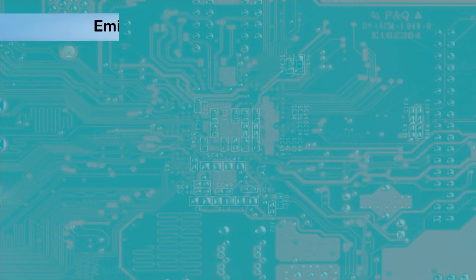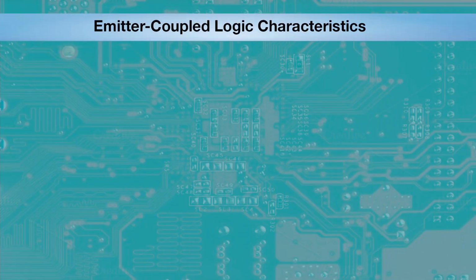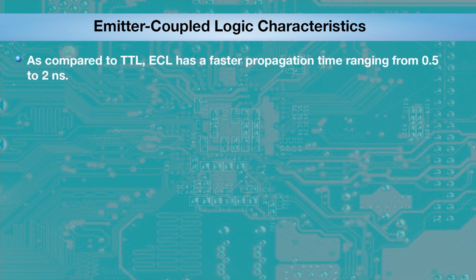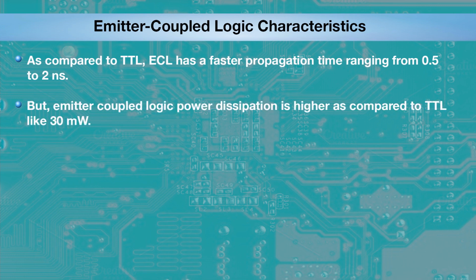Okay. Now, we discuss the emitter coupled logic characteristics. As compared to TTL, ECL has a faster propagation time ranging from 0.5 to 2 nanosecond, but emitter coupled logic power dissipation is higher as compared to the TTL, like 30 mW.